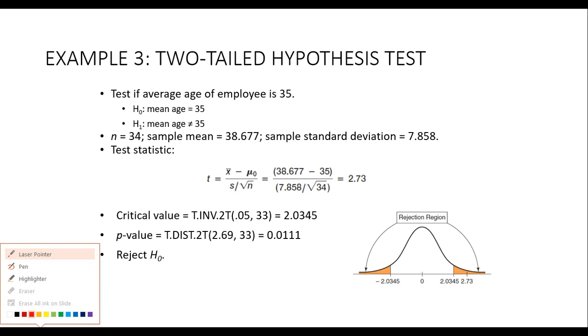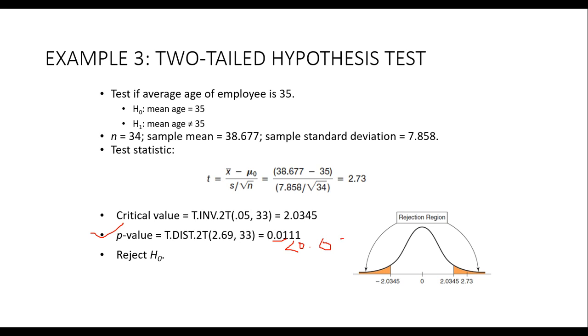So this example shows you all the possibilities. First is p value we calculated, and it is less than 0.05. We reject H0. Other way is we look at the critical value 2.03, and what is t? 2.73.